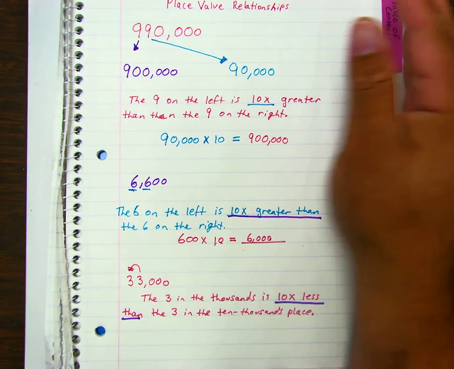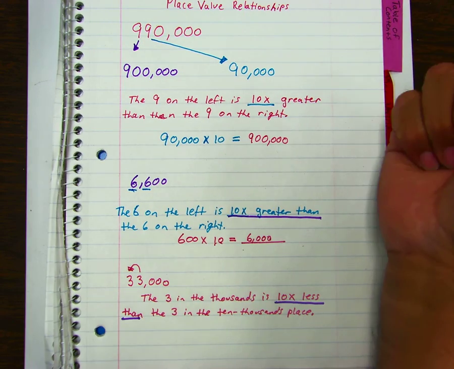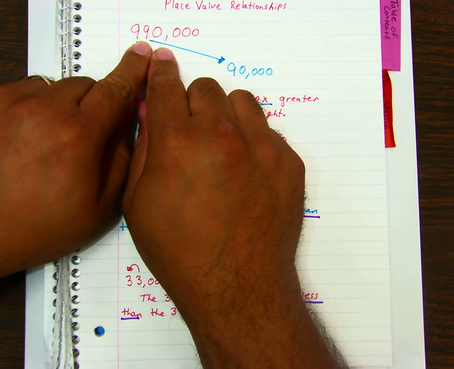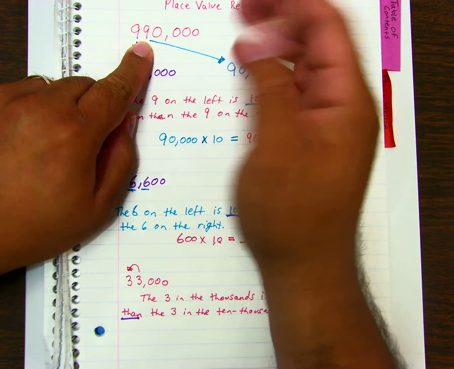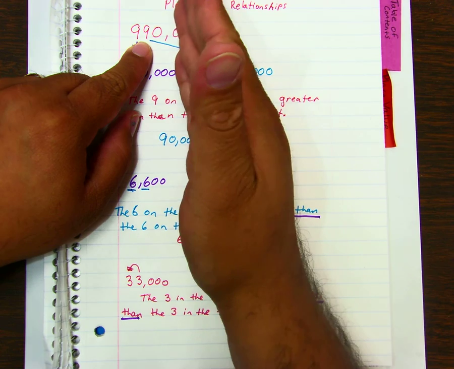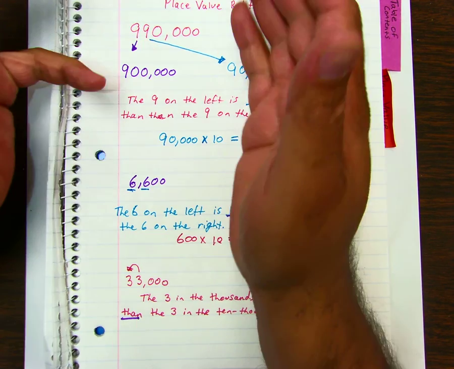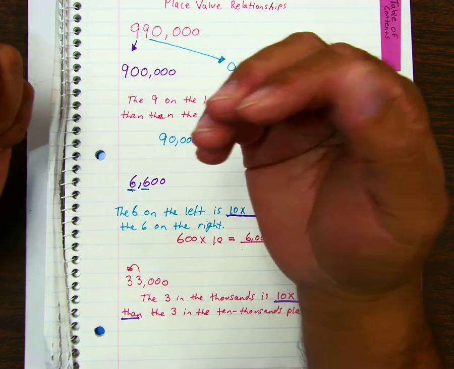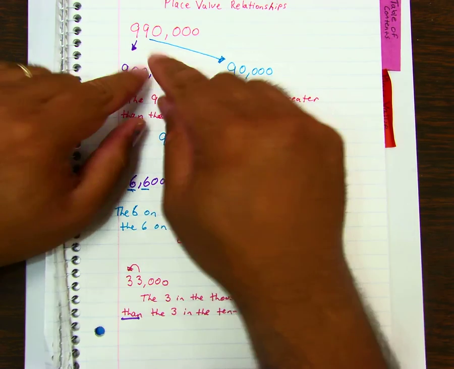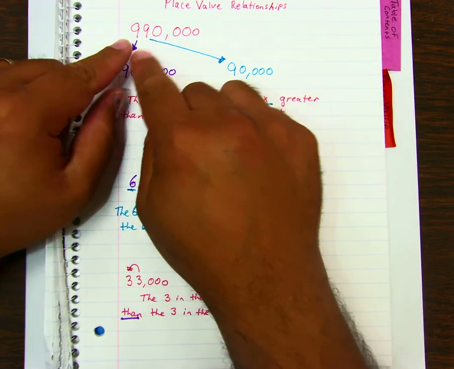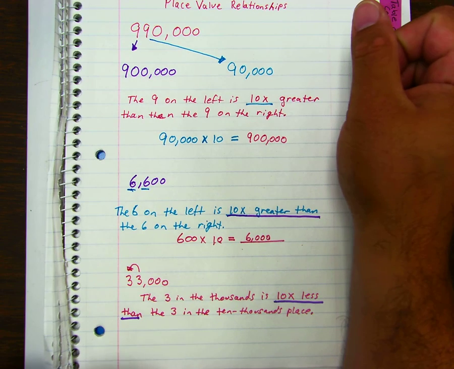Now if we ask what is the relationship from the 9 in the 10,000s place compared to the 9 in the 100,000s place? We're going to say the 9 in the 10,000s place, which is 90,000, is 10 times less than the 9 in the 100,000s place.